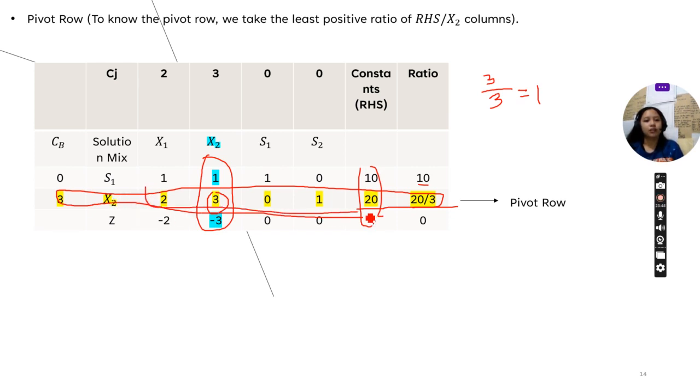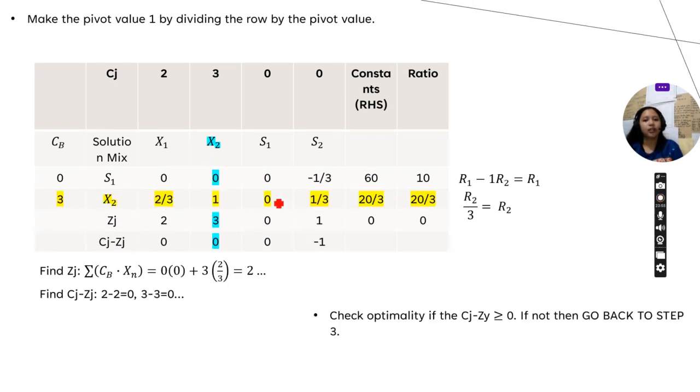So let's perform that here. 2, 3, 0, 1, 20. So we have here these values after we divide it by 3.